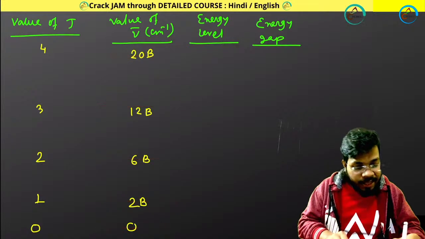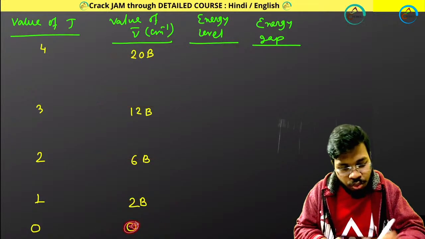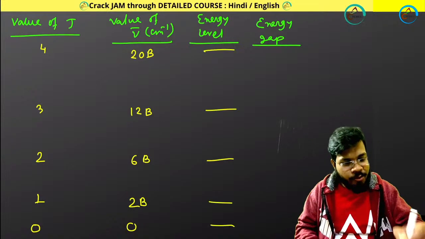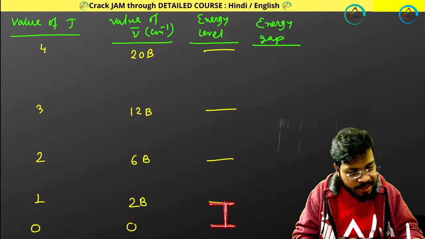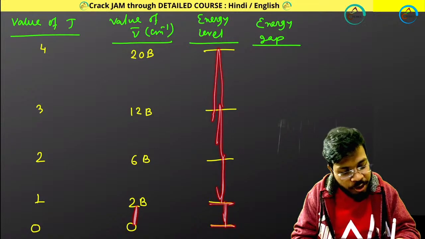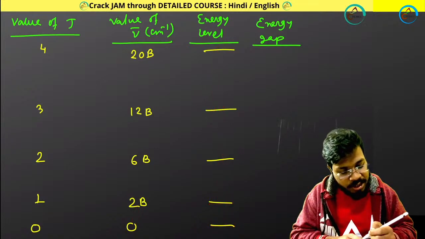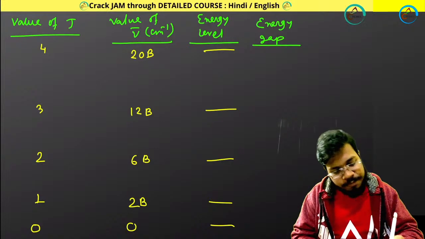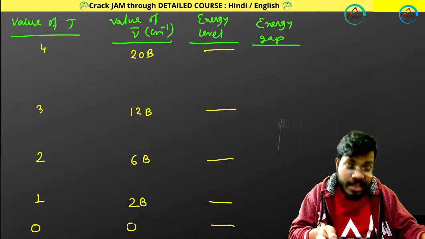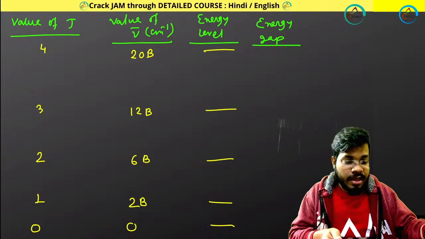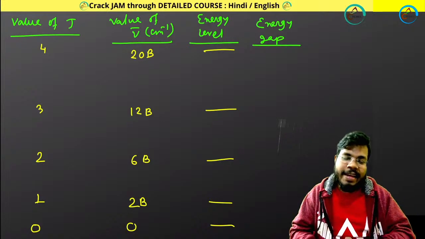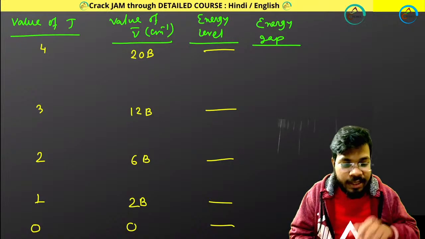This energy state can be represented through these energy levels. If you look at the energy levels, the gap is increasing every time. It is 0 to 2b distance, then 2b to 6b, 4b distance. Similarly 6b to 12b, 6b distance. 12b to 20b is 8b distance. Got it? So this is how this thing works.